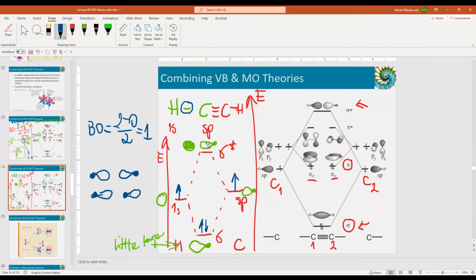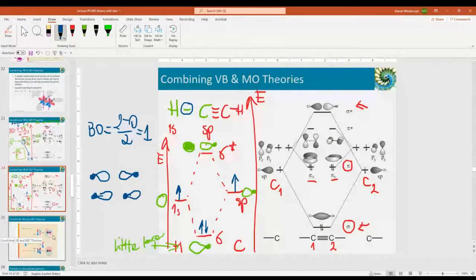So there is no change in this cartoonish version of the bonding. I'm pretty sure there is some sort of change if you look at the actual diagram, and I think we should be able to see it on the next slide. But when you draw it, you're not drawing the realistic situation. You're drawing the cartoon of what it more or less looks like.